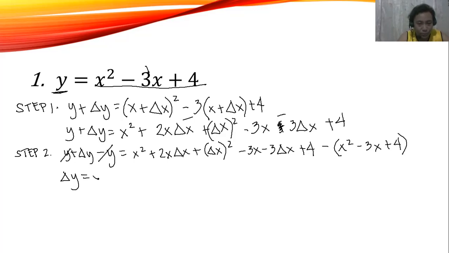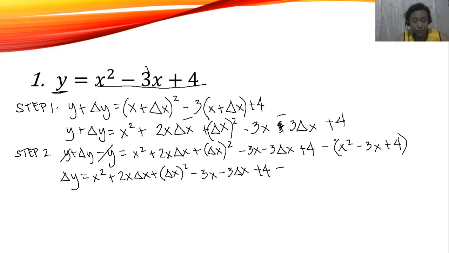Delta y is equal to x squared plus 2x delta x plus delta x squared minus 3x minus 3 delta x plus 4 minus. Remember, when we are subtracting a polynomial, make sure to group it using a parenthesis. We need to put it as a group, not just minus x squared minus 3x plus 4.